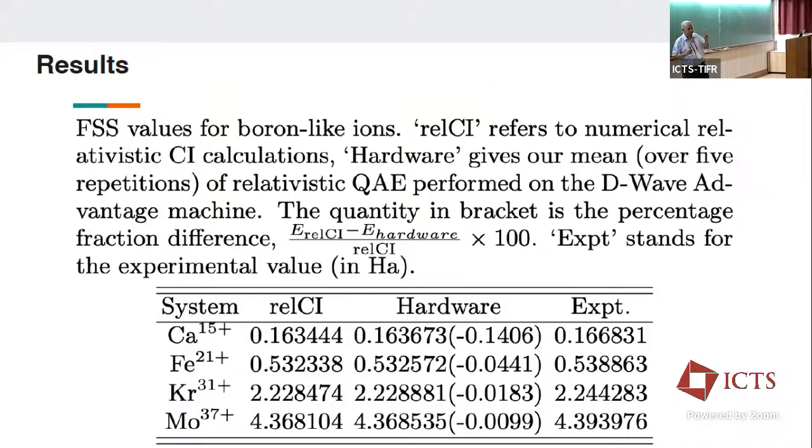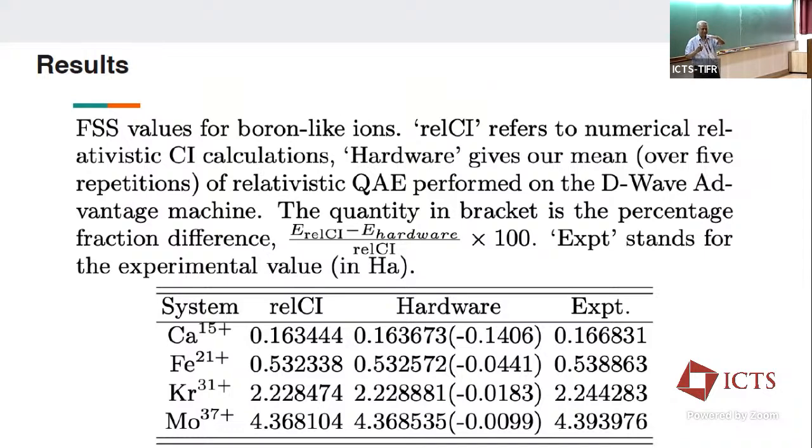As I said, there are two important attributes of any computer. One is accuracy, the other is speed. Now, most of the people are now concerned about speed, quantum advantage, without bothering about the accuracy. So we have not really focused on the quantum advantage part, which is the speed.